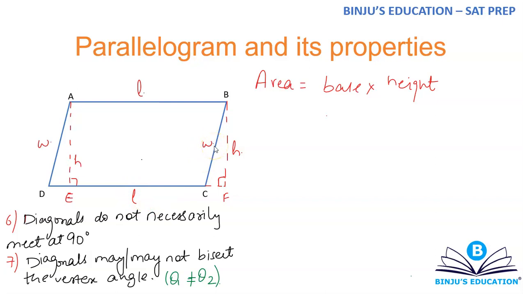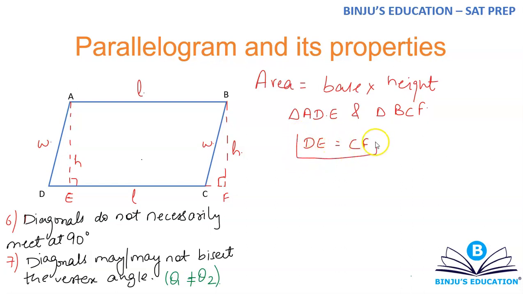Now if you concentrate on triangle ADE and triangle BCF, you realize that two of its sides are equal. BC is equal to AD, AE is equal to BF. So you'll also observe that DE has to be equal to CF.